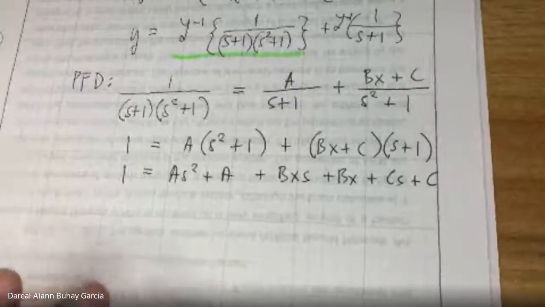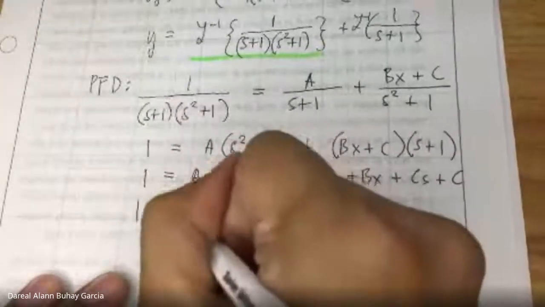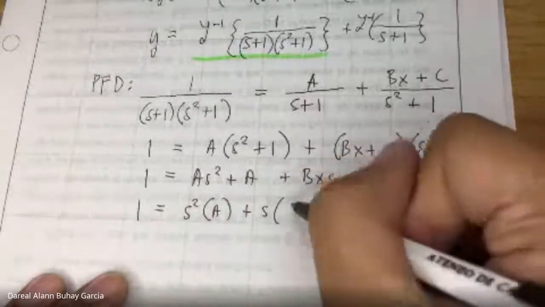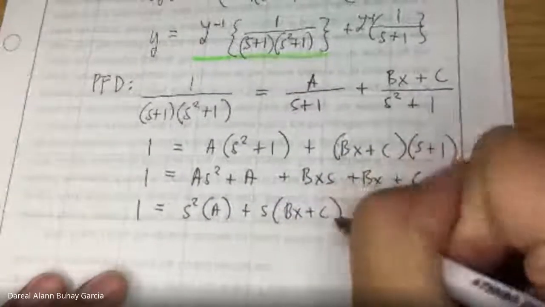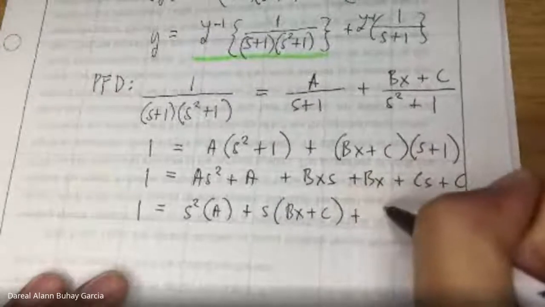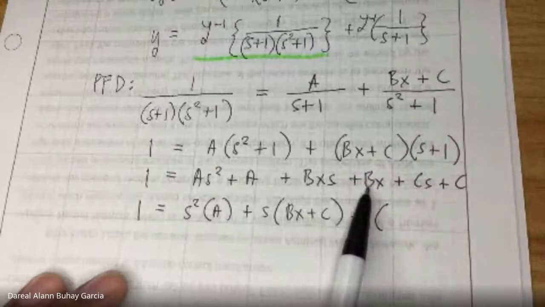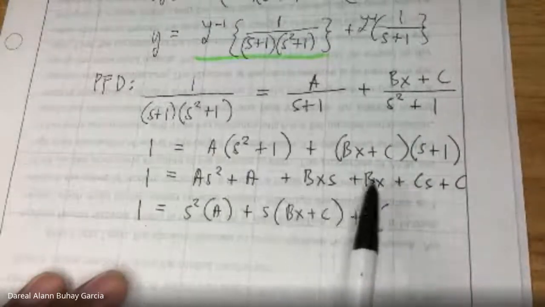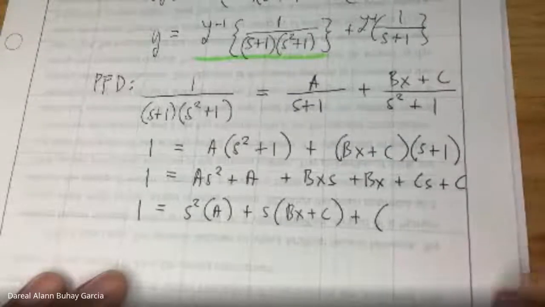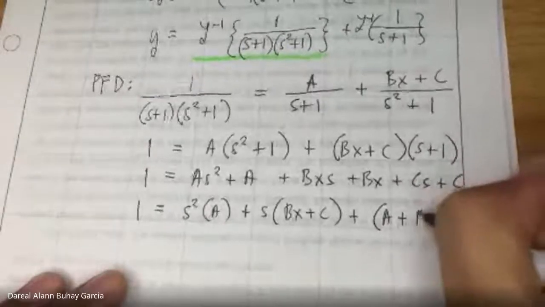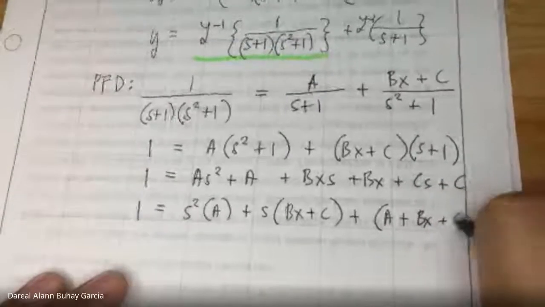Combine the coefficients of the s's. For s squared, it is A plus B. For s, it is B plus C. The constants are A plus C.